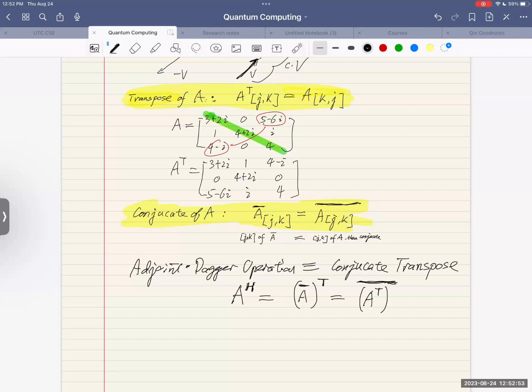And the definition will be, for every element J and K in the conjugate transpose matrix AH, we will have that as: we first do the transpose, K and J, and then we take the conjugate.